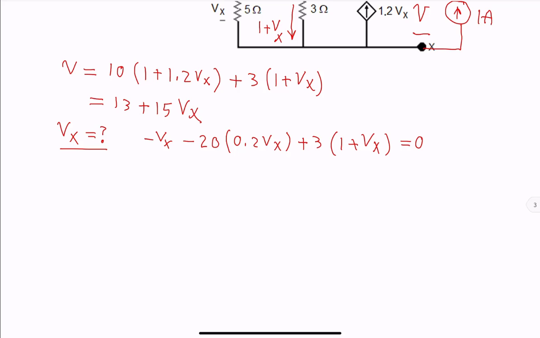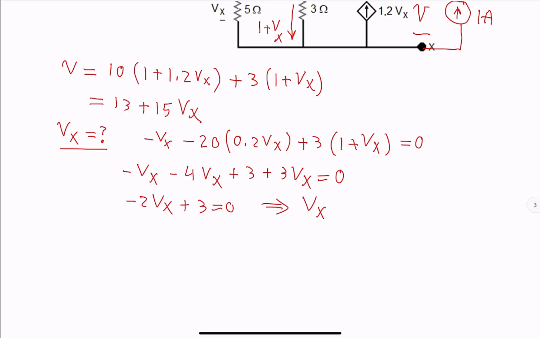Simplifying this, we have negative Vx minus 4Vx plus 3 plus 3Vx equal to 0. Negative 2Vx plus 3 equal to 0. So we have Vx. Vx is 1.5 volts.